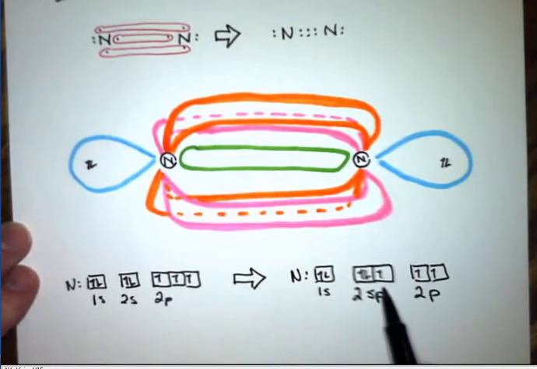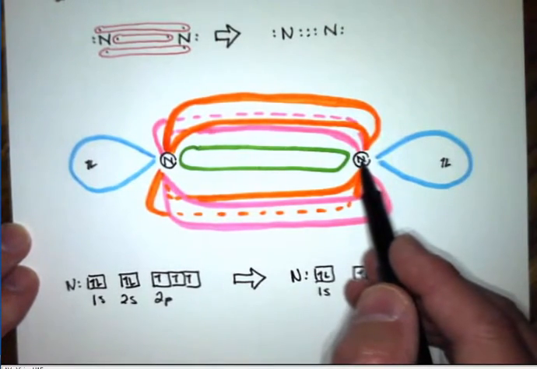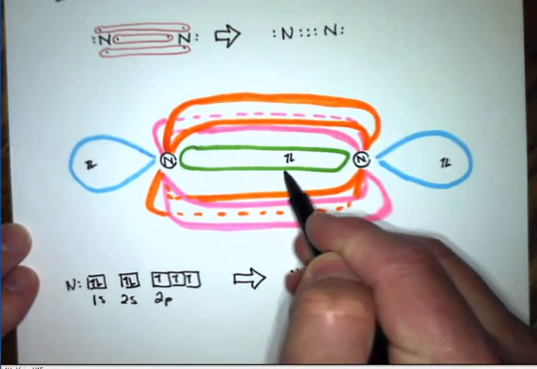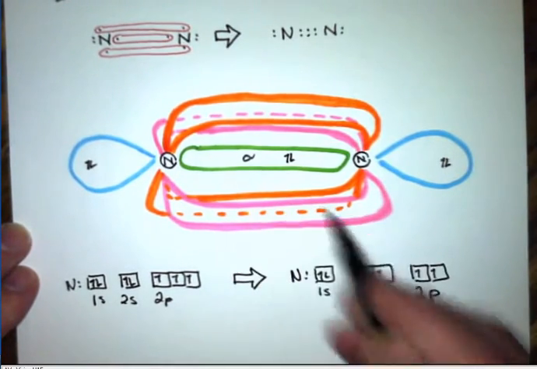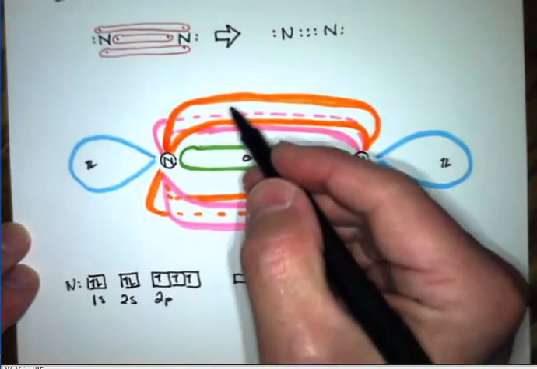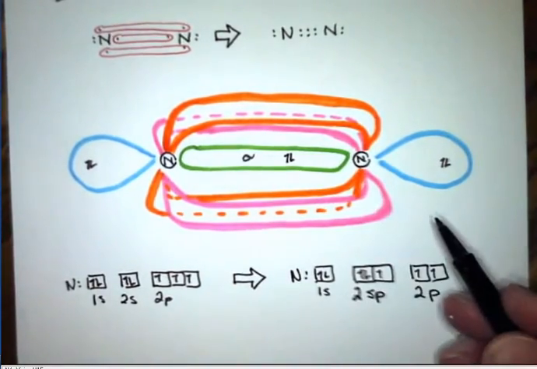And then we've got 1 electron in a hybridized orbital available for a sigma bond to share with another nitrogen. So this nitrogen has an electron to share with this nitrogen, and so in the bond we now have 2 electrons, and this is a sigma bond. Okay, and then these two orange orbitals up here become bonds once they share the orbitals.